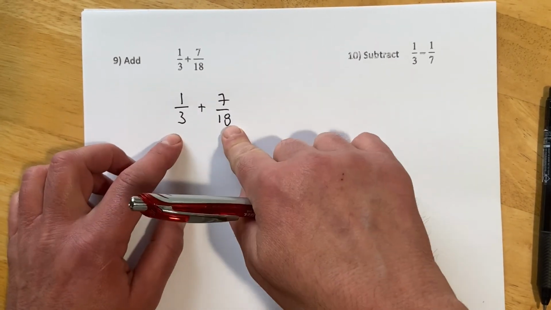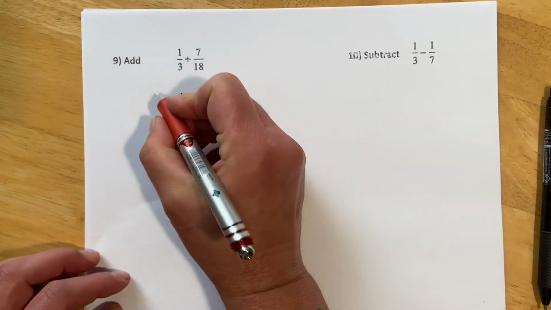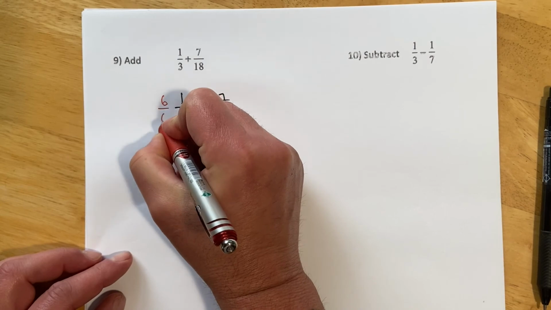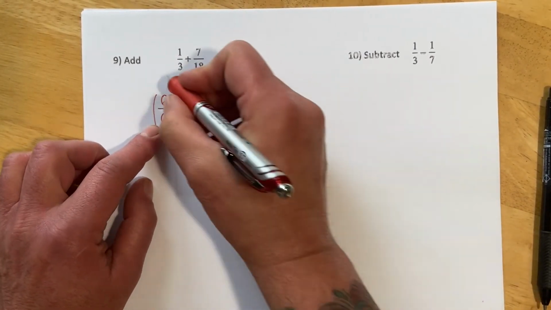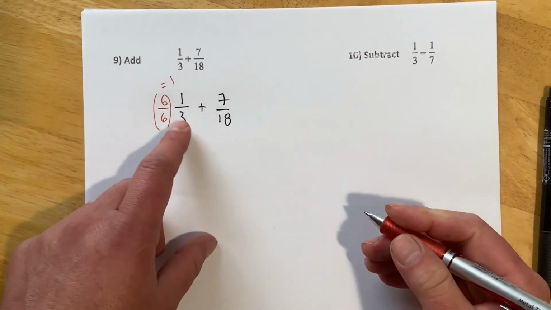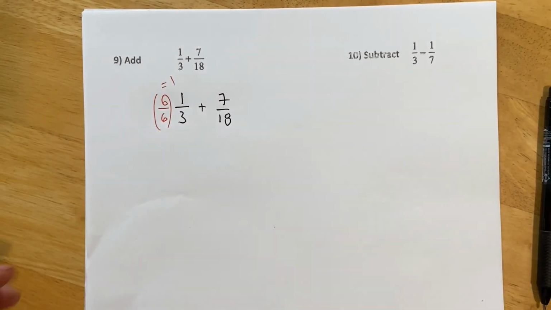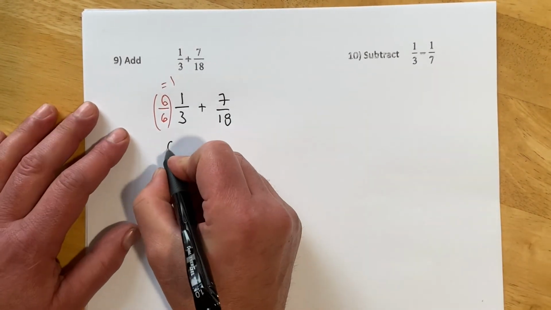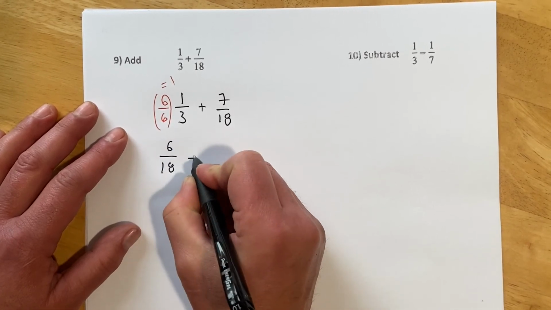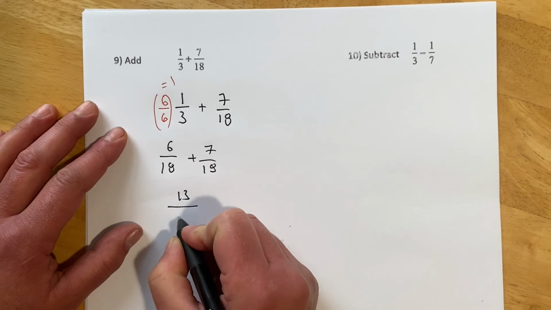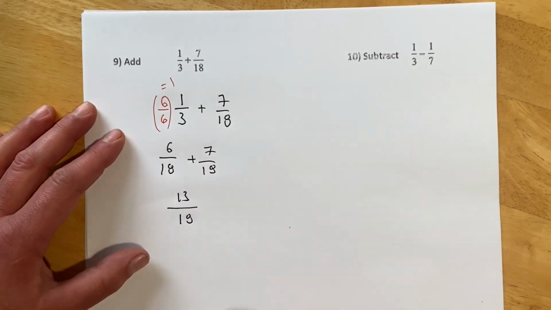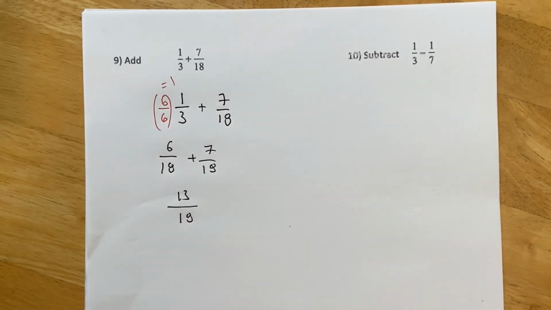This 3, to bring it up to 18, I would just need to multiply by 6. And I don't think I've said it yet, but I'm doing 6 over 6 because that equals 1. So I'm not changing the value of this, I'm just changing the look. That gets us 6 over 18 and 7 over 18, or 13/18. Nothing reduces, so that's our final answer.